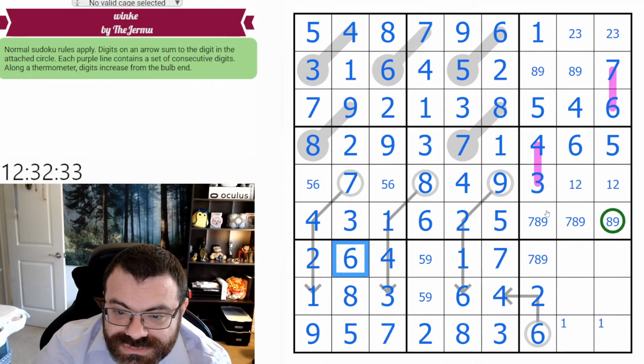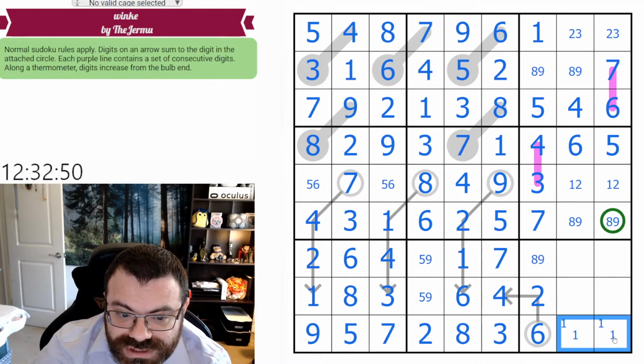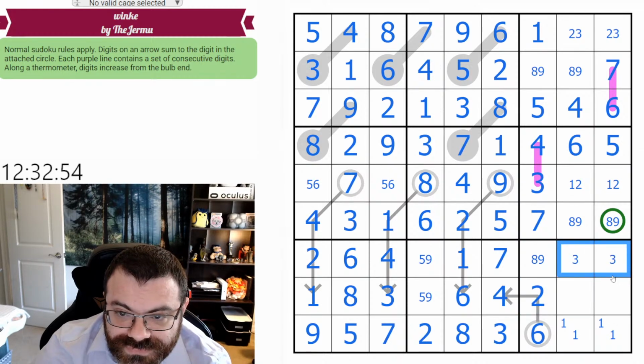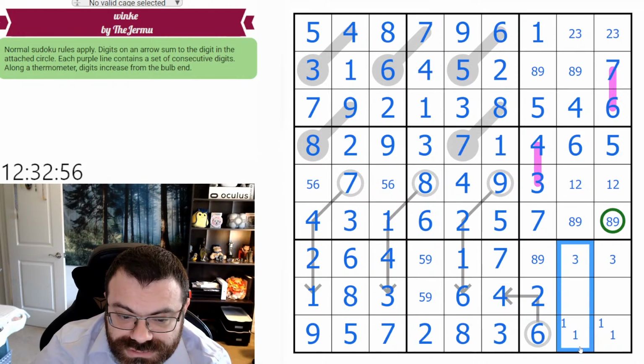Looks like we're finishing up. This can't be 7. That places 7 for the column. All right, how do we want to finish this? Maybe I'll just look at this box here. So we need a 1. We need a 3. We need a 4.